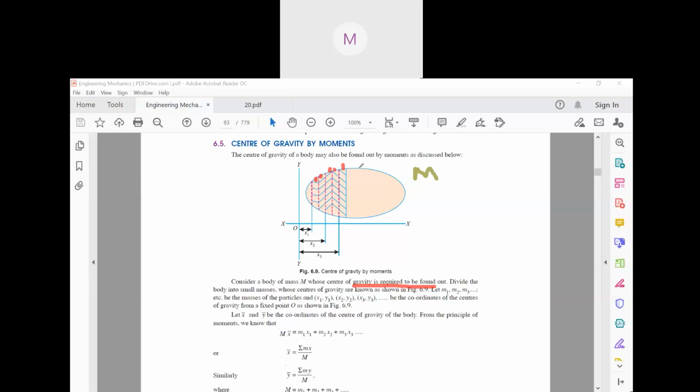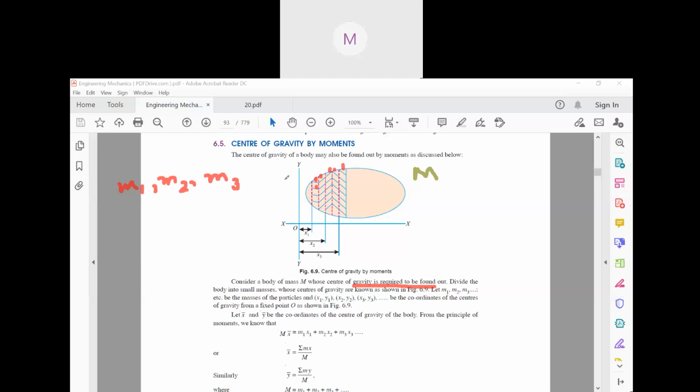When we divide the body into small masses, then what happens? Suppose this small part, the mass, we can think of it as m1. Then the next one we can think of as m2, then m3 and so on, right?